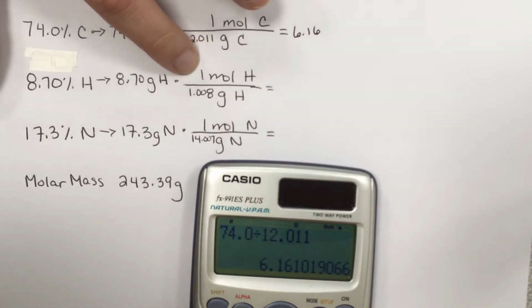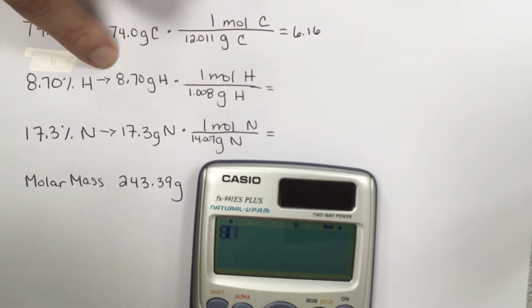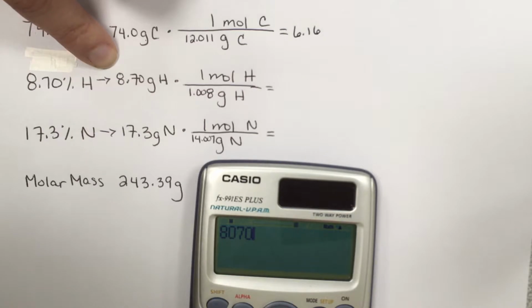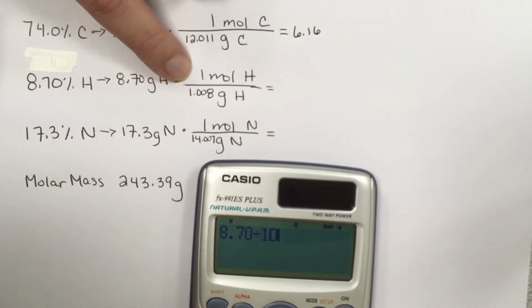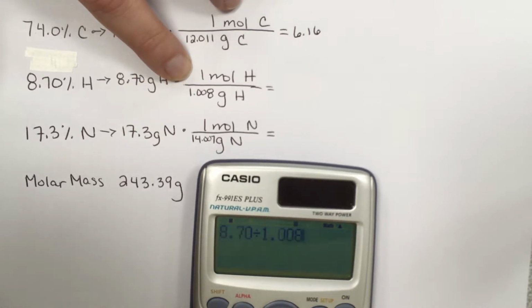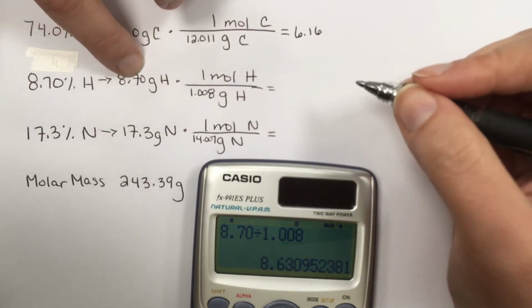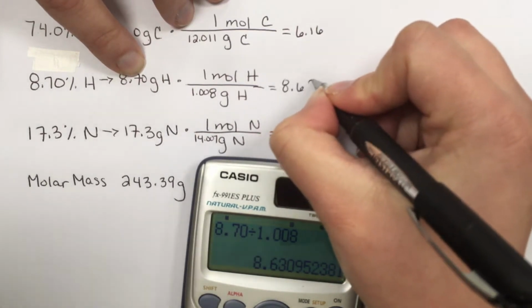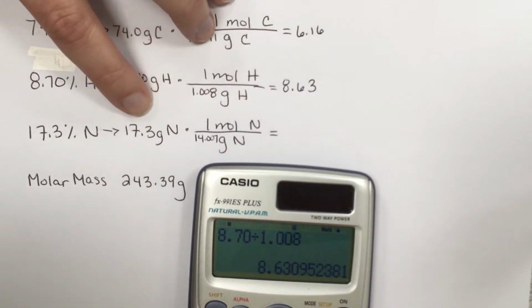Okay, we have hydrogen, so 8.70 divided by 1.008. Okay, we have 3 significant figures, so 8.63. Okay, and last one.